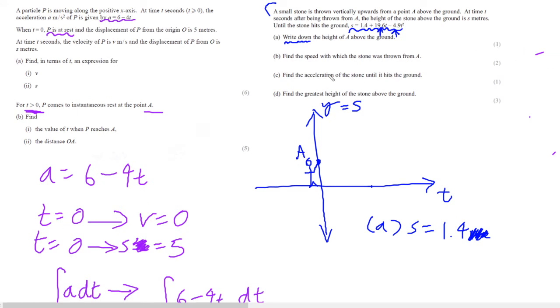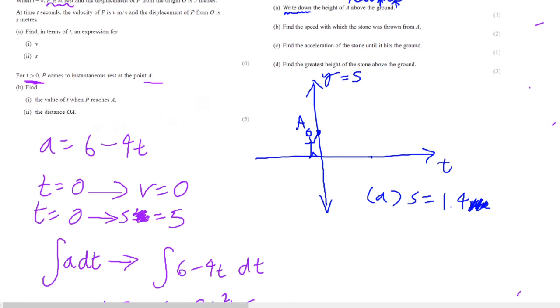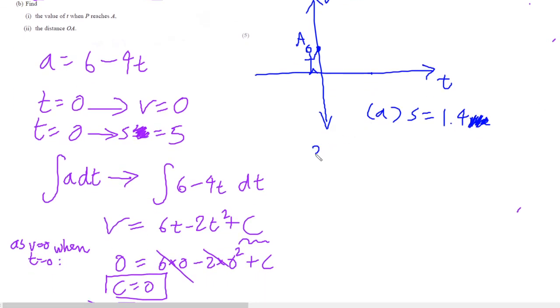Find the speed with which the stone was thrown from A. Alright, so how might you do that? Well, we know that the velocity is the differential of displacement with respect to time, ds by dt.